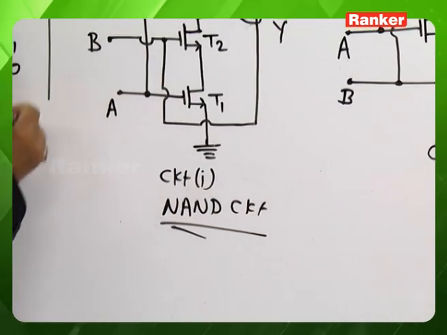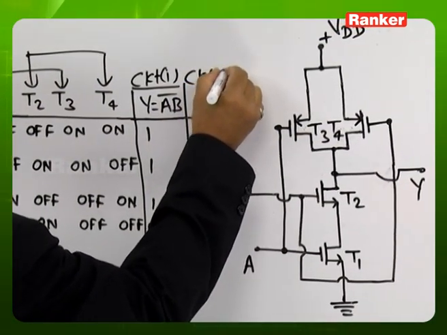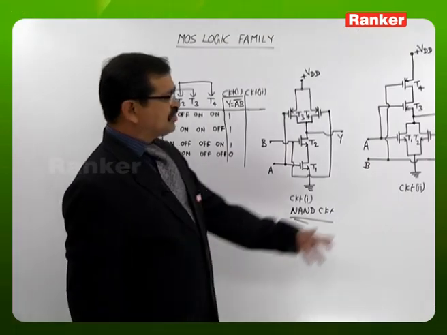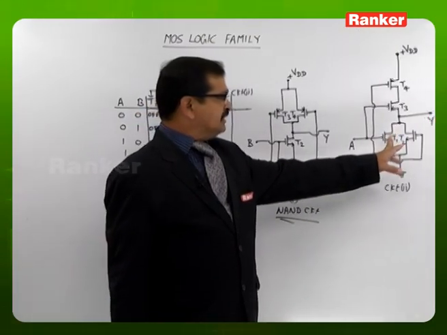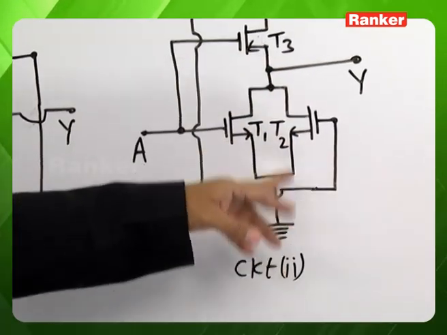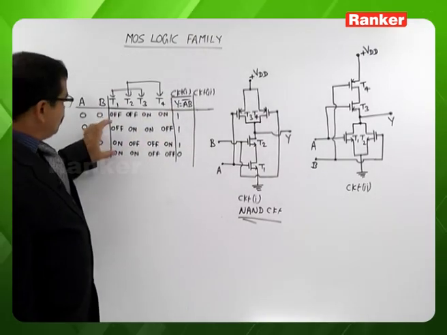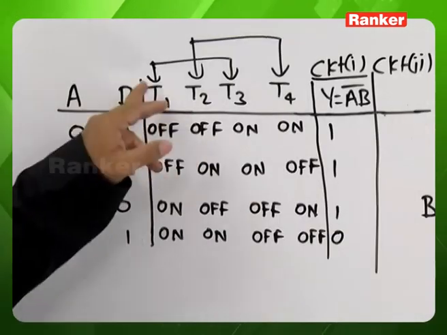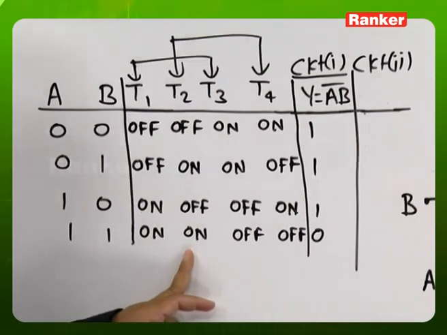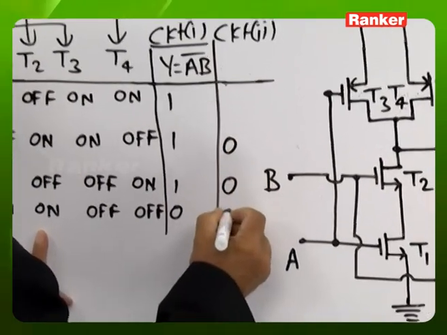Similarly, if you look at the circuit 2 operation, among the transistors T1, T2, at least one transistor is on. At least one is on means output to ground impedance is 0, so output will be logic 0. For the bottom 3 rows, among T1, T2, at least one is on, so we read output as logic 0.